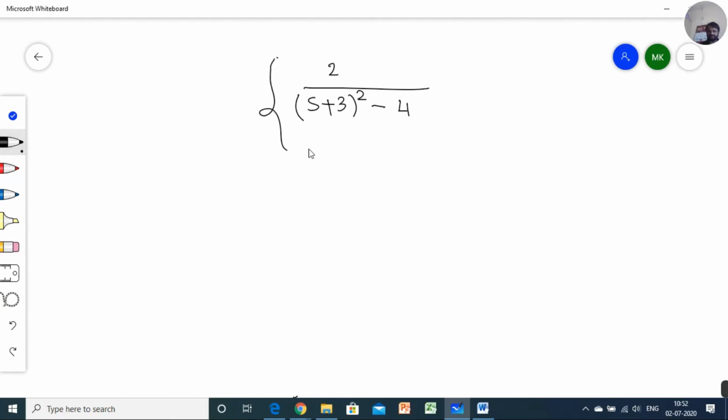I'm going to define the Laplace transform: 2/((s+3) whole square minus 4), or we can write 2 square. So in an inverse of Laplace transform, the question will come in the frequency domain and you have to convert that into the time domain, or we can say the question will come in the s variable and you have to convert it into the t variable. So the question is 2/((s+3) square minus 4).